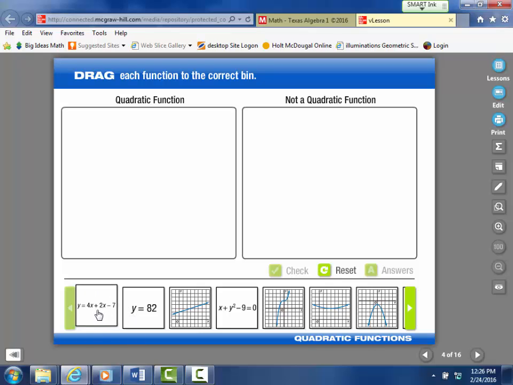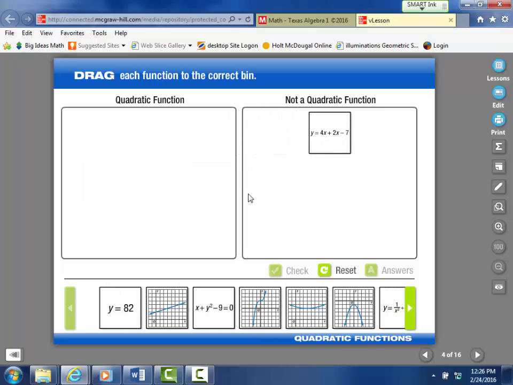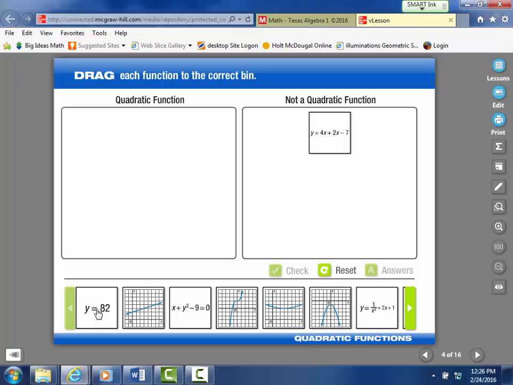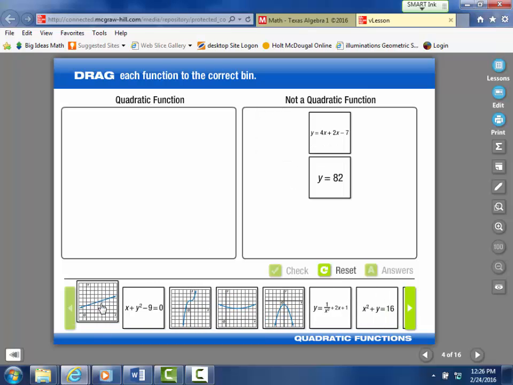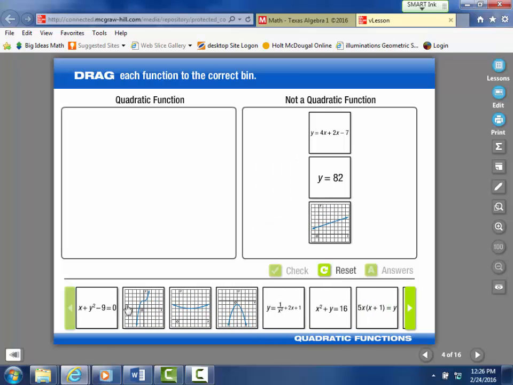So this first one, it doesn't have any squares, and if I combine my like terms there, 4x plus 2x, it's still going to be just 6x. So I'm going to say not a quadratic function. Y equals 82. Hopefully you remember something like that. That's just going to be a horizontal line. I think the picture here is pretty clear. That's a line, so still not a quadratic.